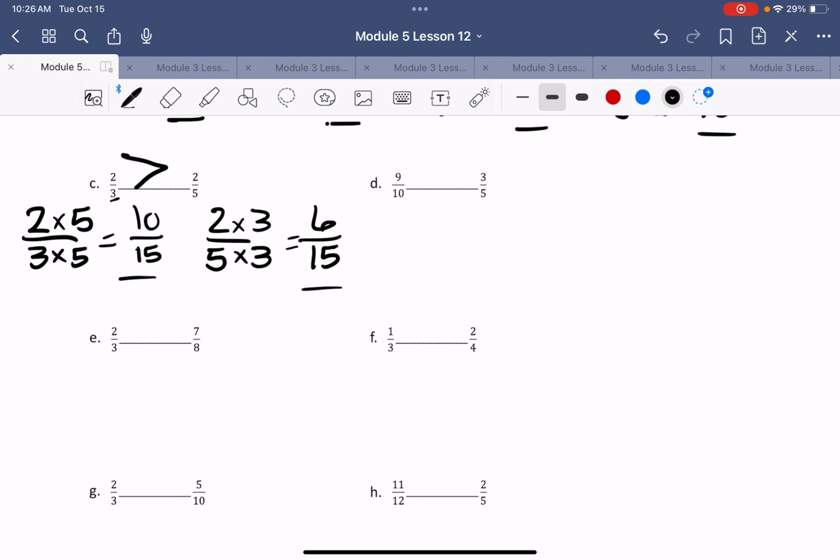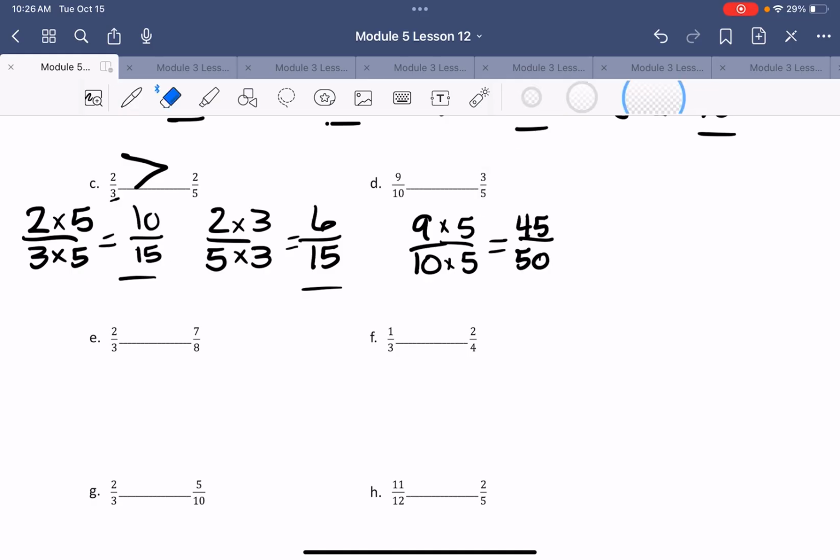Look at 9/10 compared to 3/5. So we say 9/10 times it by the opposite denominator, which is 5, and we have 45/50. Do the same thing with the opposite fraction.